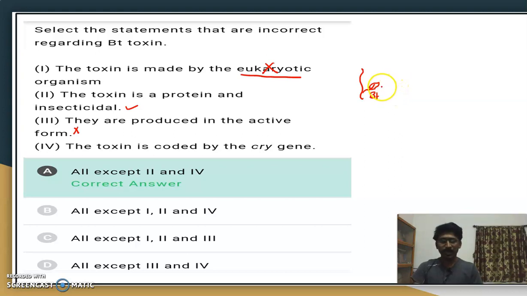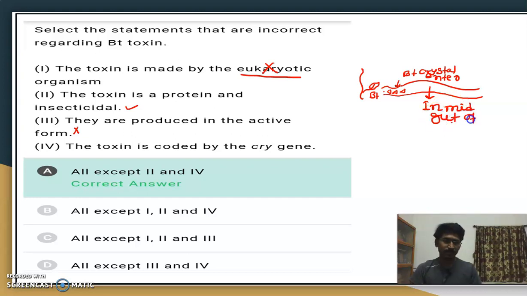When the insect feeds on it, the Bt crystal enters the midgut of the insect, where it is converted into the active form.